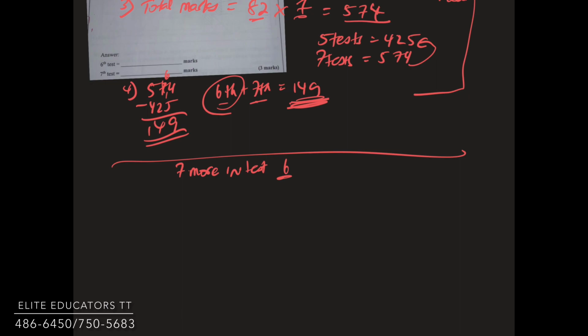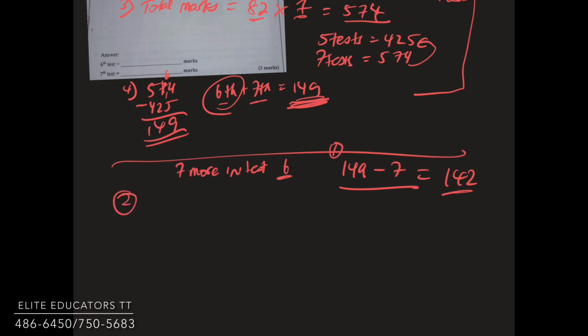So the first step, yeet the excess: we subtract 149 minus 7, which gives us 142.